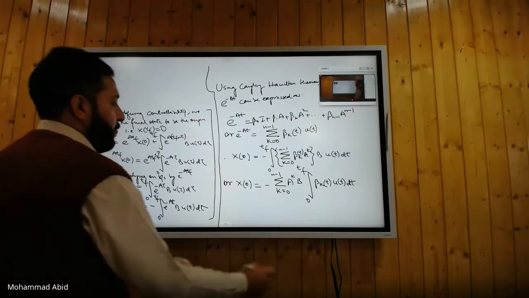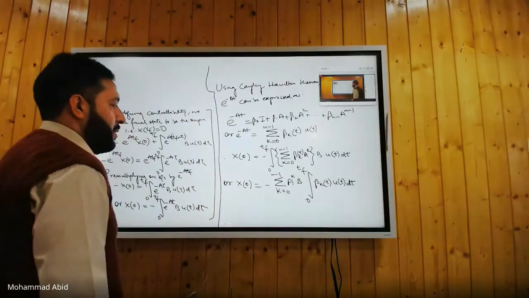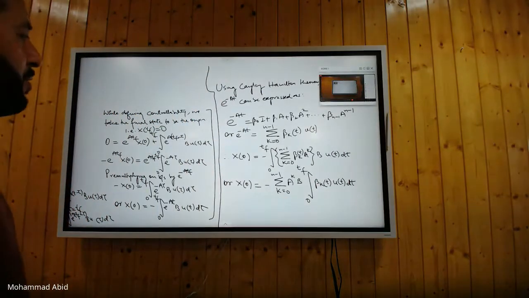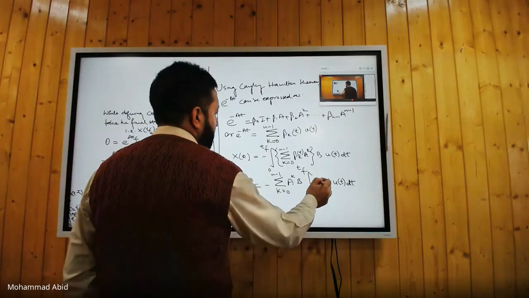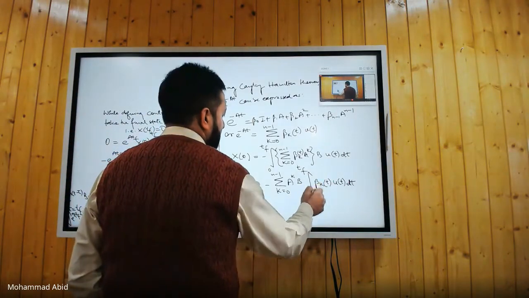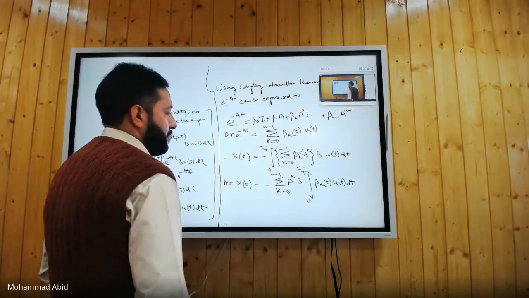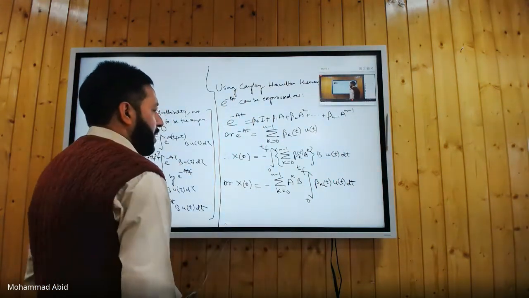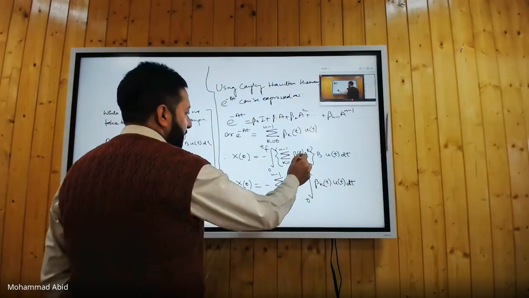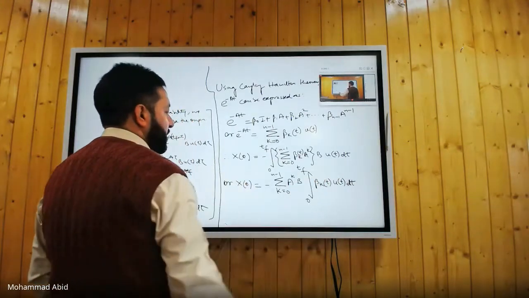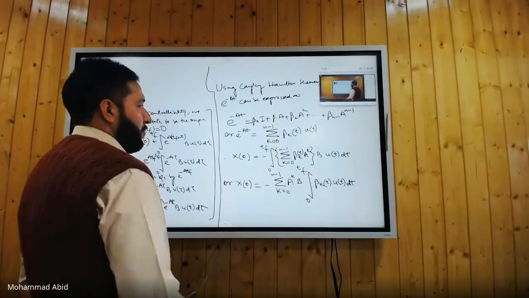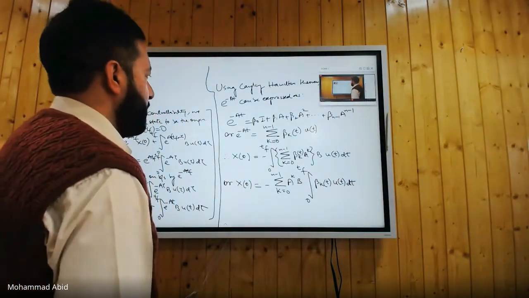Now, if you know this u(t), or if I put the values of beta k here and evaluate this integral, assuming that u(t) is known, for each beta k I have to evaluate this integral. That means for k equal to 0, k equal to 1, and so on, since k varies from 0 to n minus 1.